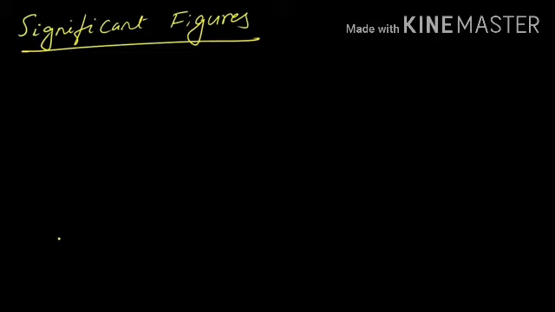This uncertainty in the measurements can be due to the skill of the person who is taking that measurement, or it may be due to the tools that we are using for the measurement.